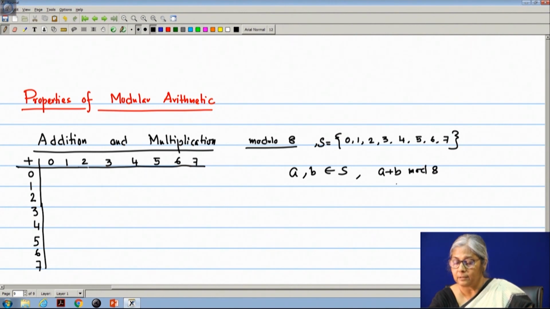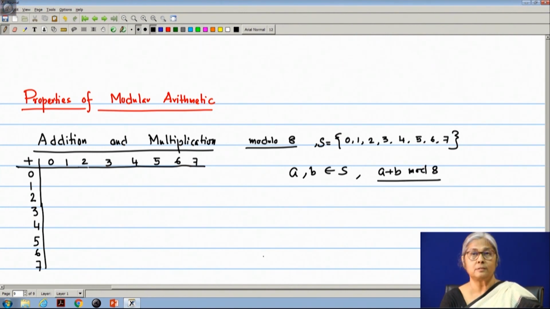That means I will add the two numbers and take the remainder when it is divided by 8. A can be 0 to 7, B can also be 0 to 7, so we add these two numbers and take the remainder on dividing by 8.